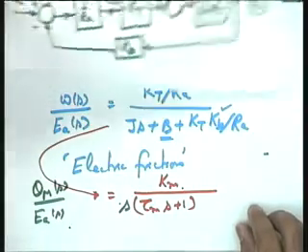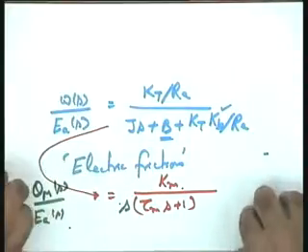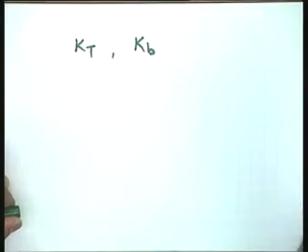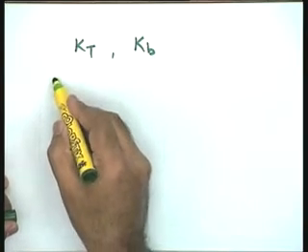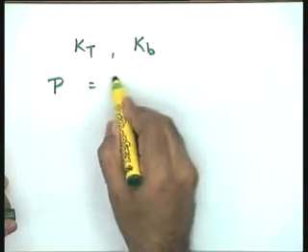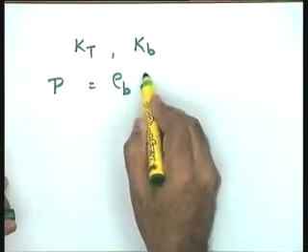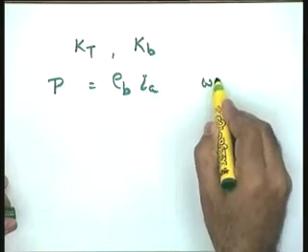Now, a point in this particular case which needs mention is the correlation between the variables Kt and Kb. An important point, please. Kt is the torque constant and Kb is the back EMF constant. I want to establish a relationship between the two, and what is the use of that relationship, that also we will see. Look at the power developed. Power P is equal to Eb into Ia, watts.